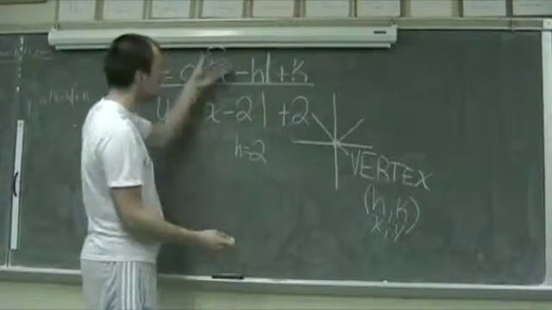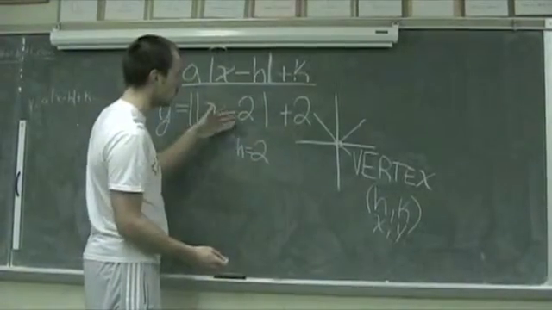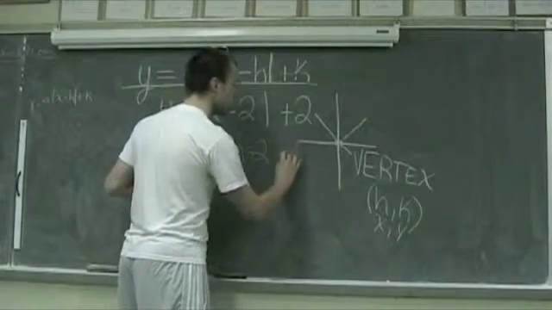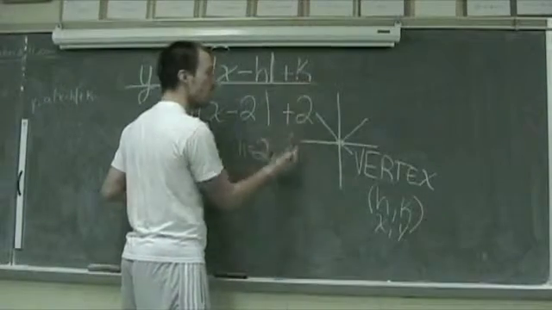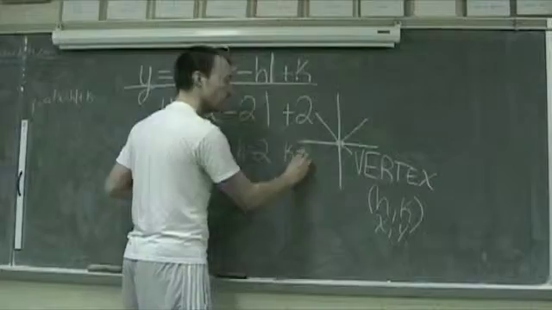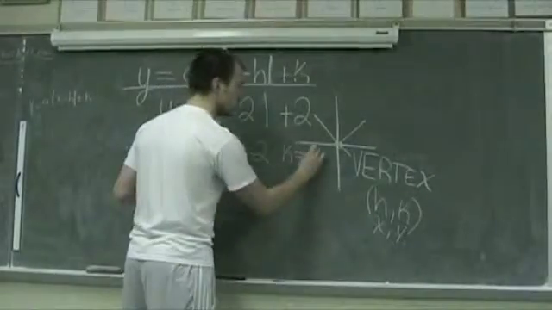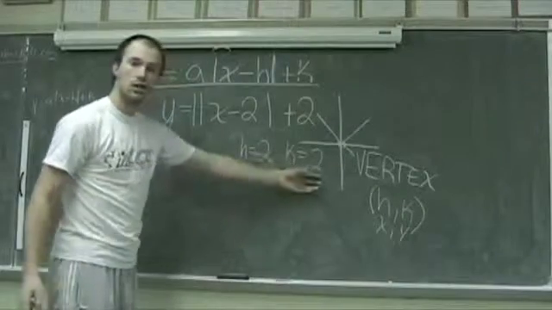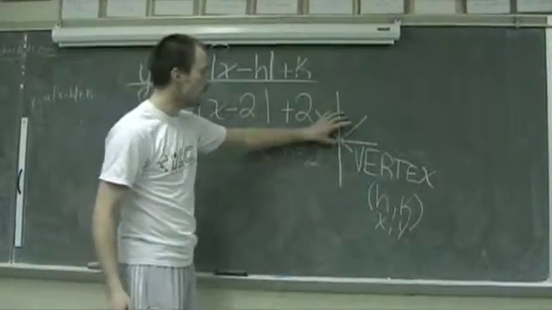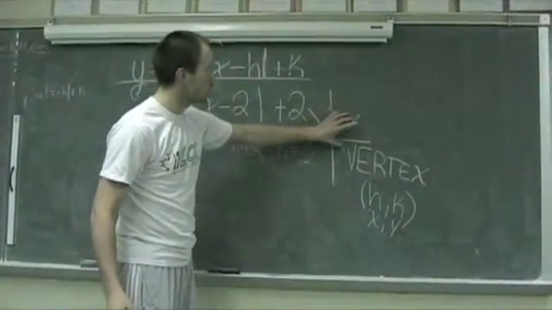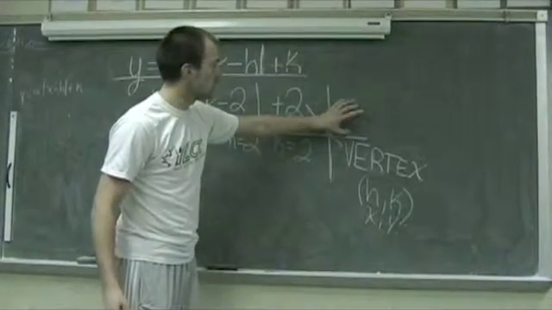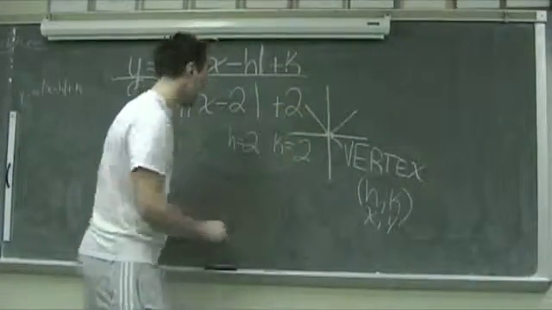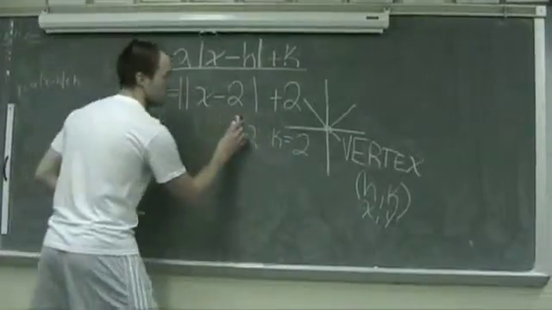It's following the same form. And the k value, we have a plus k, right here we have a plus 2, so we know that k is also equal to 2. So the vertex of this graph would be at 2, 2. So it's this graph here, only we'll shift it 2 to the right and up 2. An example there.